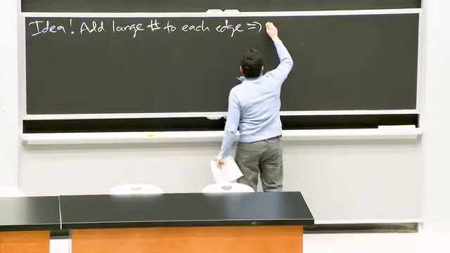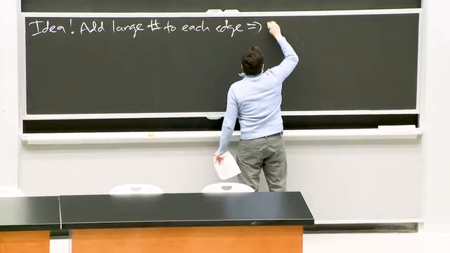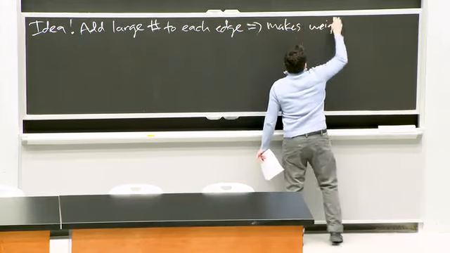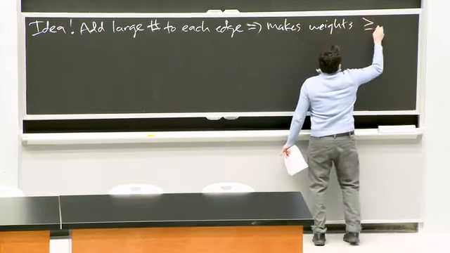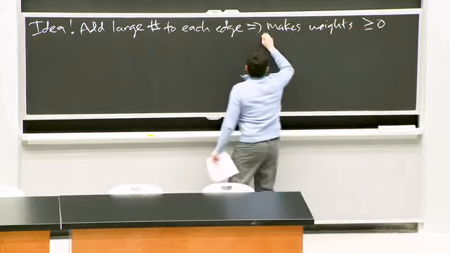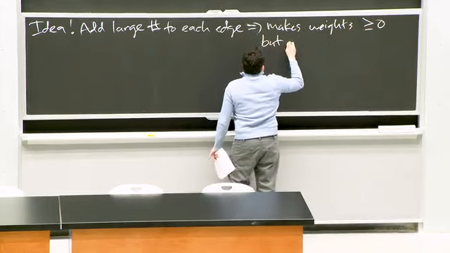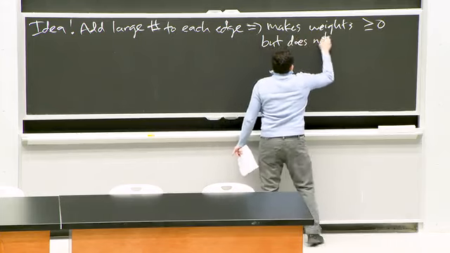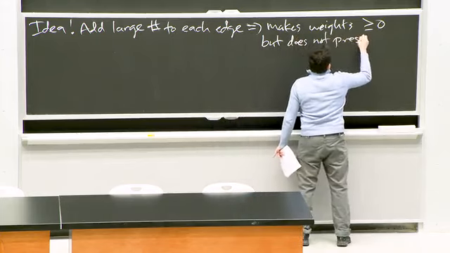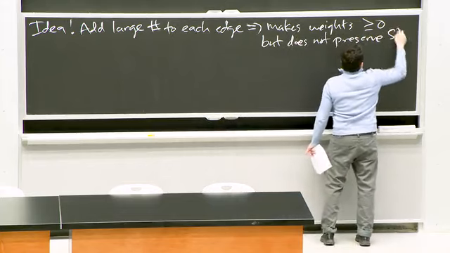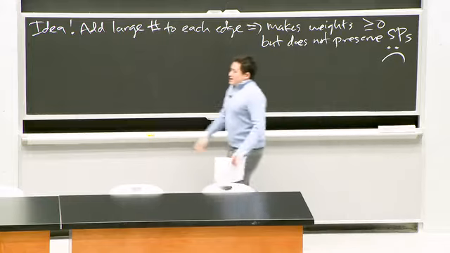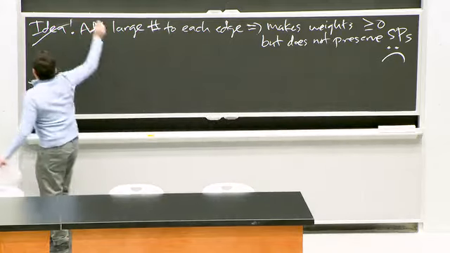This is bad. Makes weights non-negative, but does not preserve shortest paths. So this is not a good idea, bad idea.